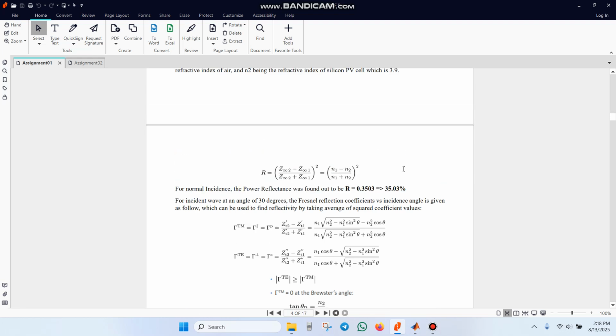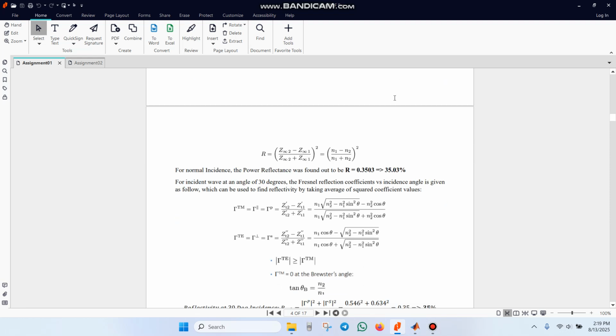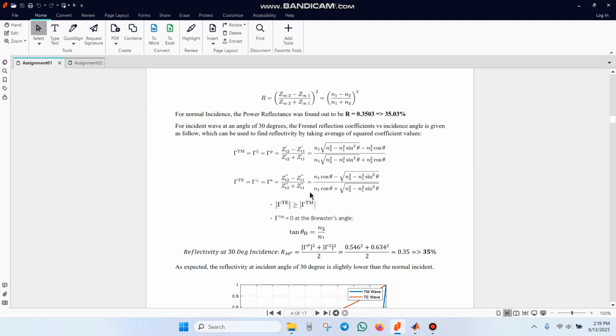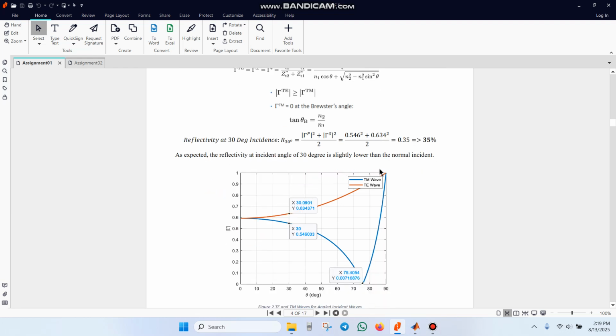If we are talking about angled incidence, for example theta equals 30 degrees, then we have to find the S and P components separately, as you are seeing here. We have these two expressions to define the S wave as well as the P wave, or TE and TM wave, and then we plotted the reflectivity spectrum of both waves individually.